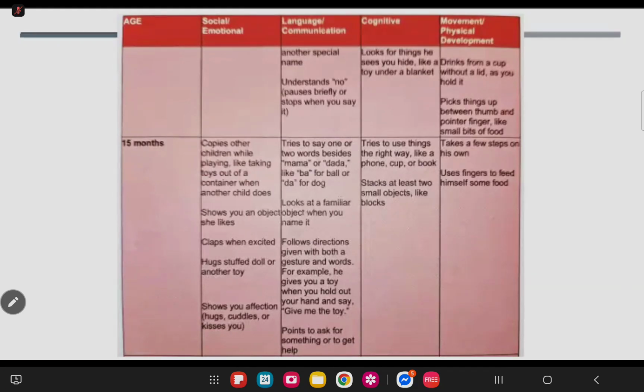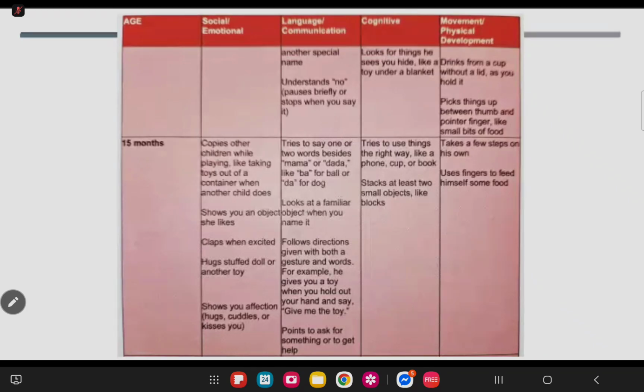Okay. So as a pediatrician or as a general physician, you have to be familiar with your milestones because if you don't ask these milestones specifically to the mother, then you might not be able to elicit a proper developmental history.